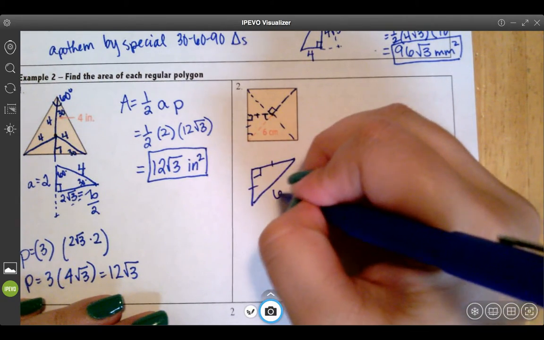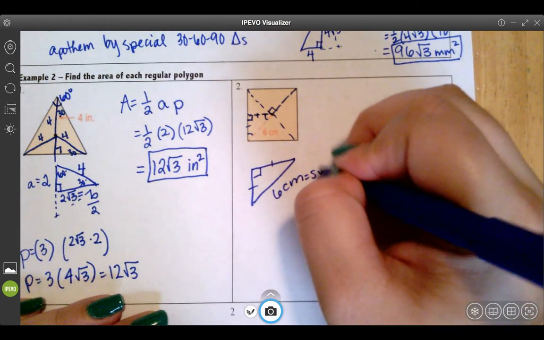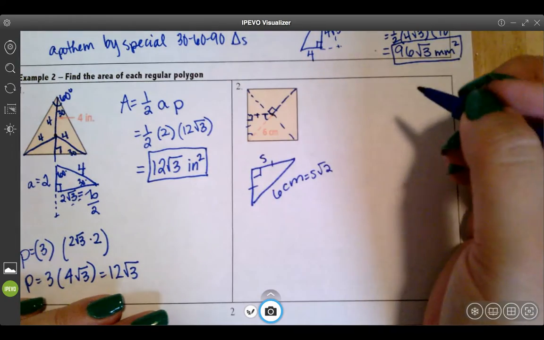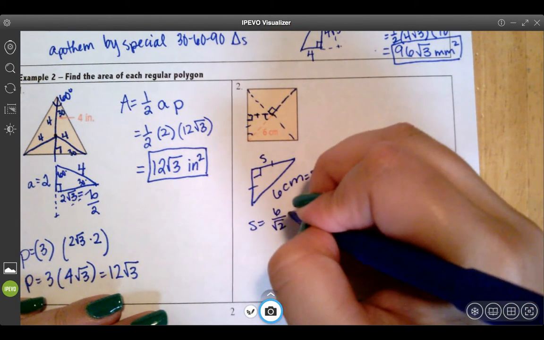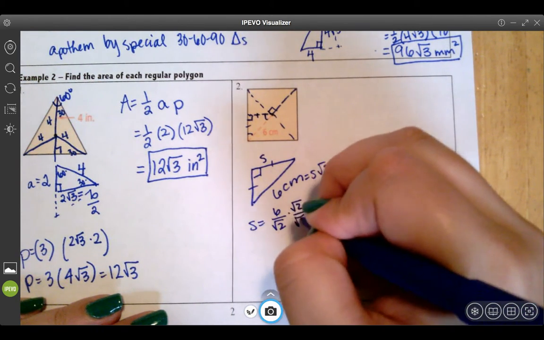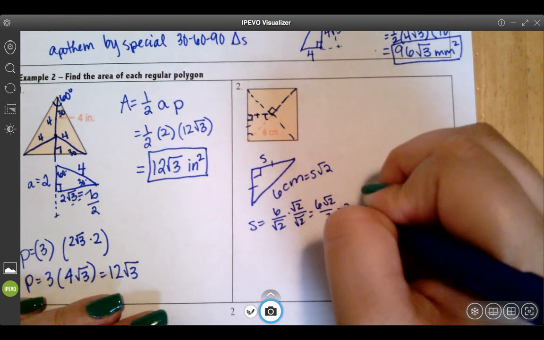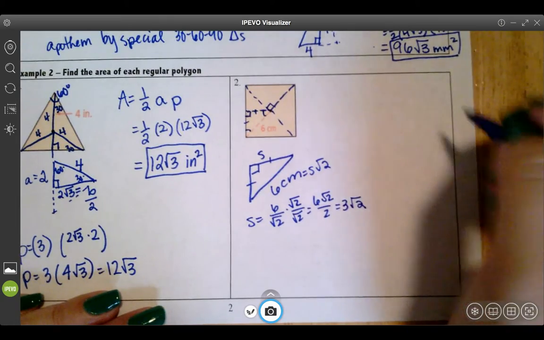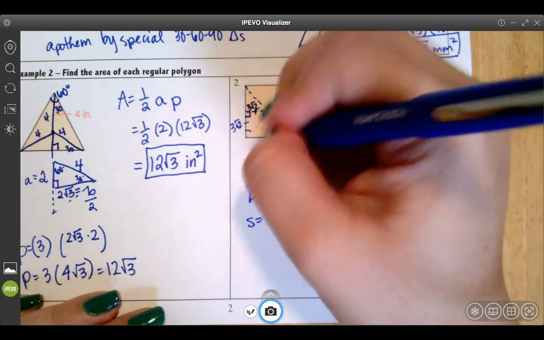This is 6 centimeters, so then this must be S root 2. This is S. So S equals 6 divided by the square root of 2. Rationalize that. 6 root 2 over 2 equals 3 root 2.